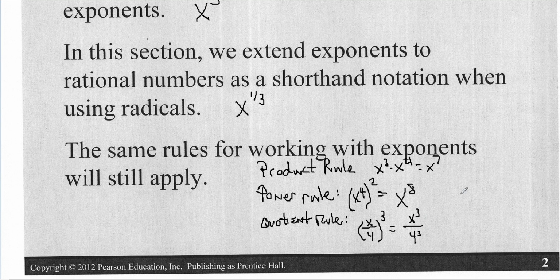Or another one too: the general quotient rule would be x to the 5th divided by x to the 3rd. You subtract, 5 minus 3, which would give you x to the 2. So that's the general rules for the exponents, and we'll come across others when we get there. All right, next screen.